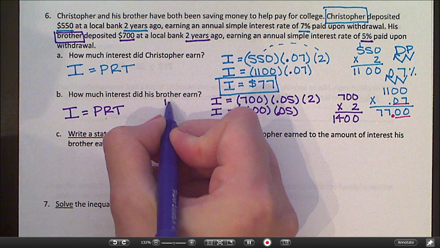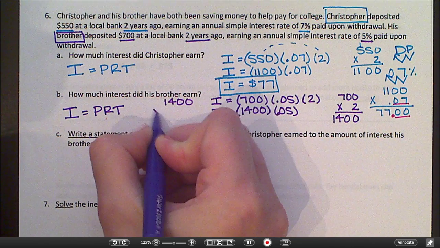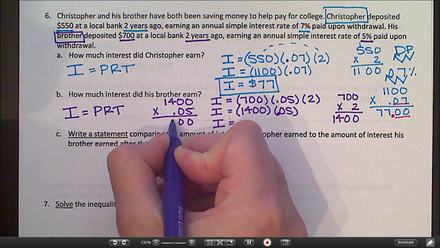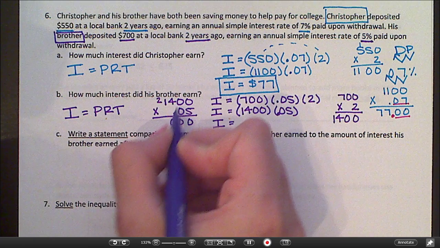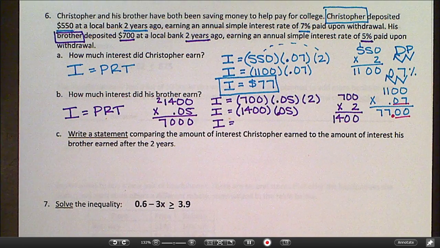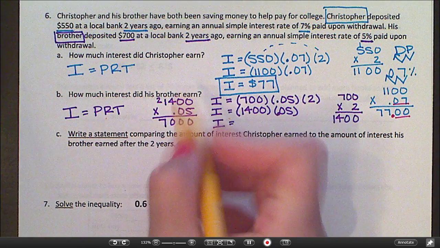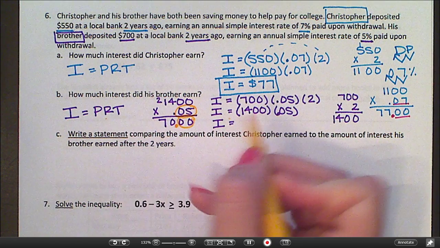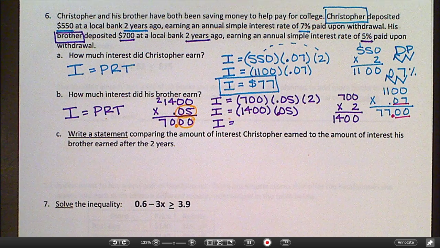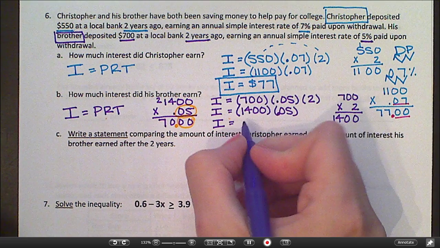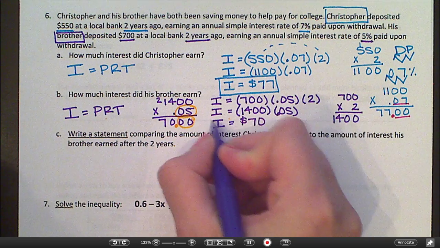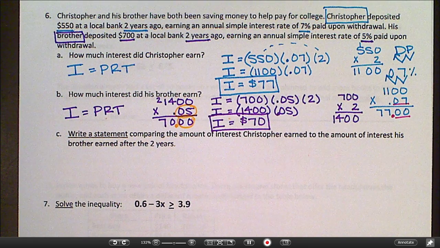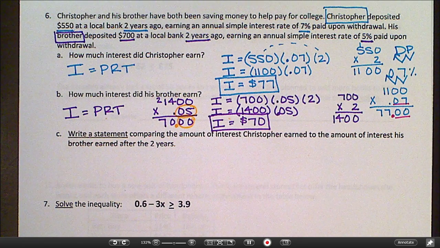Please go ahead and multiply that by yourself as well. And again, I have 2 digits after the decimal point in my problem, so I have 2 digits after the decimal point in my answer. So his brother earned $70 interest. So when he goes to the bank, they're going to give him his $700 plus an extra $70.